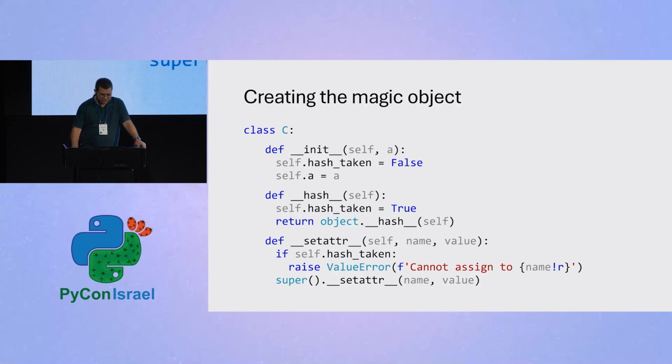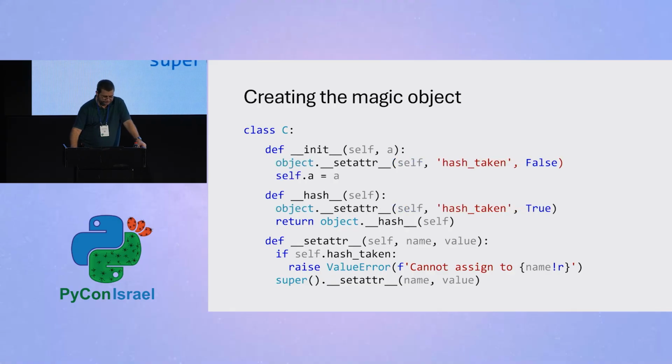It fails because setting hash taken to either false or true goes through setattr. Setattr tries to read hash taken, which does not exist yet, and fails miserably. That's a much easier solution. Instead of using class C's setattr, let's use object's setattr.